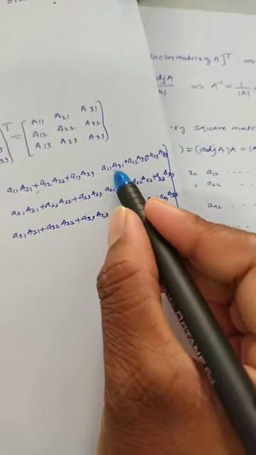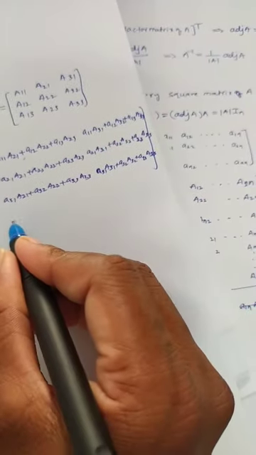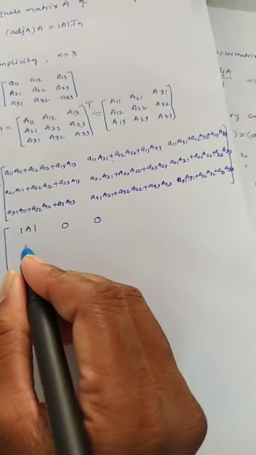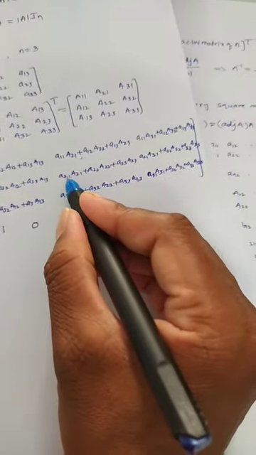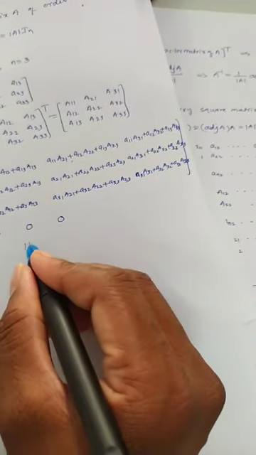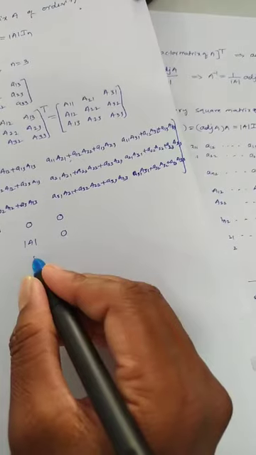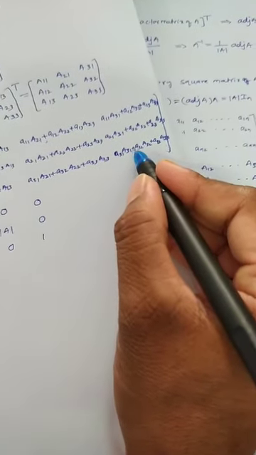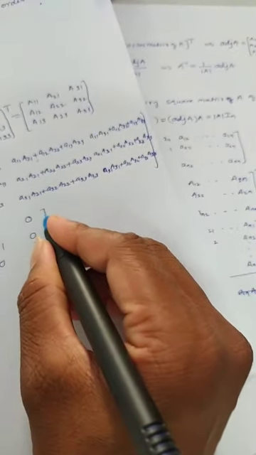Here also a11 is not with its corresponding cofactor, so this sum also gives 0. Here also a21, A11 are not corresponding, so 0. But in the second row, second element, a21 has its corresponding cofactor, so this will give det A. And here 0, 0. And here also, because a31 with A31, a32 with A32, a33 with A33, this will give det A.